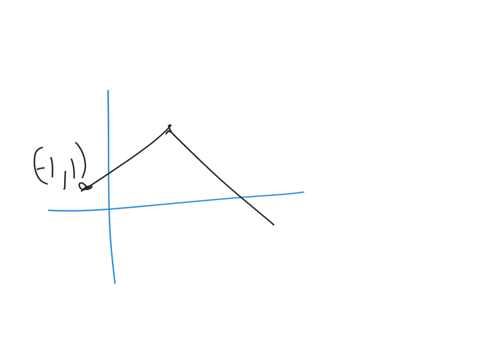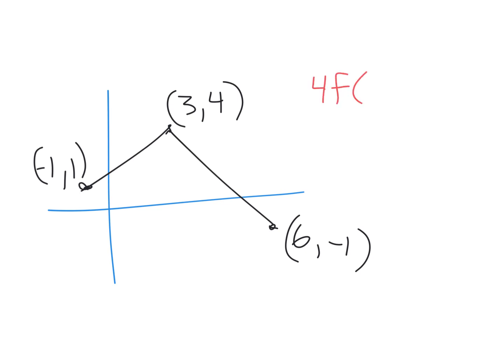Here's another one that's typical of the easy part of the test. If I gave you that this was -1, 1, this point here is 3, 4, and this point here is 6, -1. I'm giving you all that. And then all I'm asking you is, what's 4f of 6?